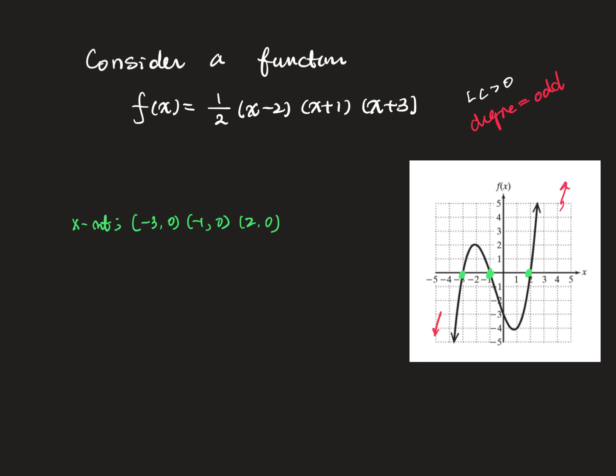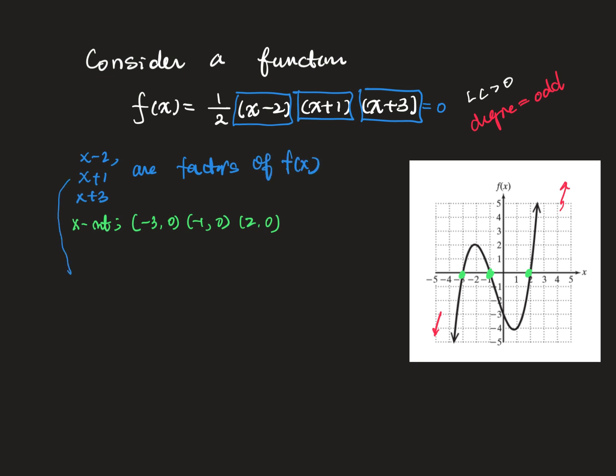Then you put this one as a 0, right? This one is a 0. Then what I notice is what we call a factor. Everyone see that? So x minus 2, x plus 1, x plus 3 are factors of f(x).